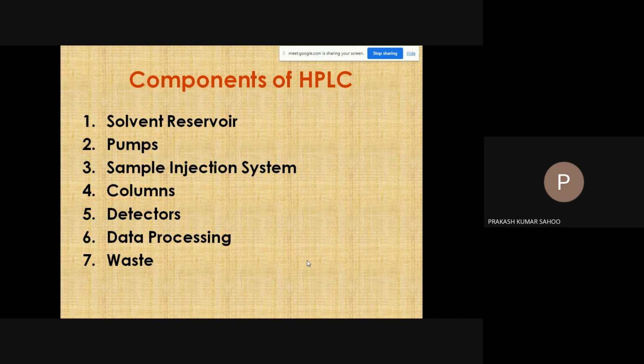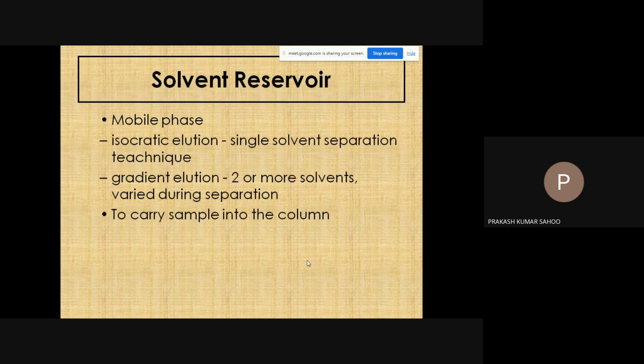Then after passing through the column, the different components from the sample are detected with the help of the detector. And after the detector, it is the data processing of your recorder system. Then after the recorder system, we have the HPLC peak, and if any waste or impurities are there, these can also be separated. And the first one is the solvent reservoir.